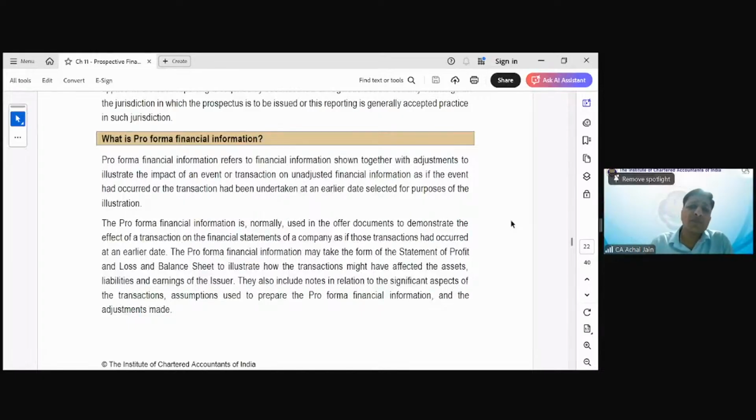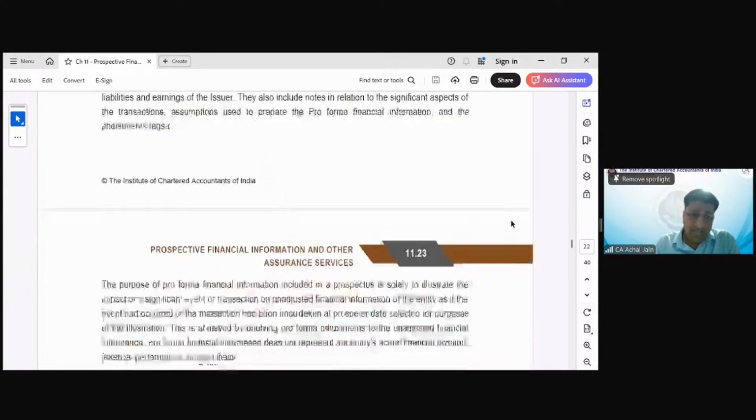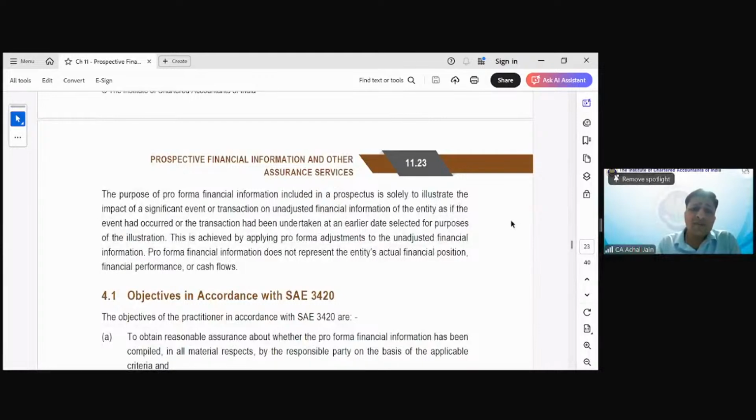Normally used in the offer documents to demonstrate the effect of a transaction on the financial statements of a company as if those transactions had occurred at an earlier date. This may take the form of statement of P&L, balance sheet, may also have notes to accounts. Now, I think what we can do is we can just pick up one example.